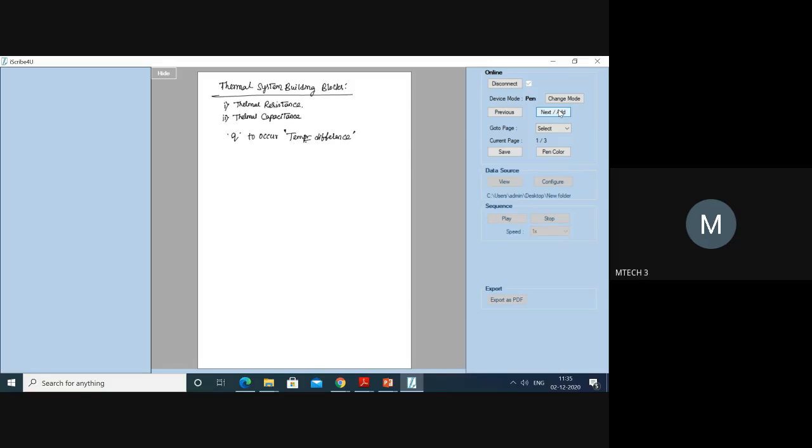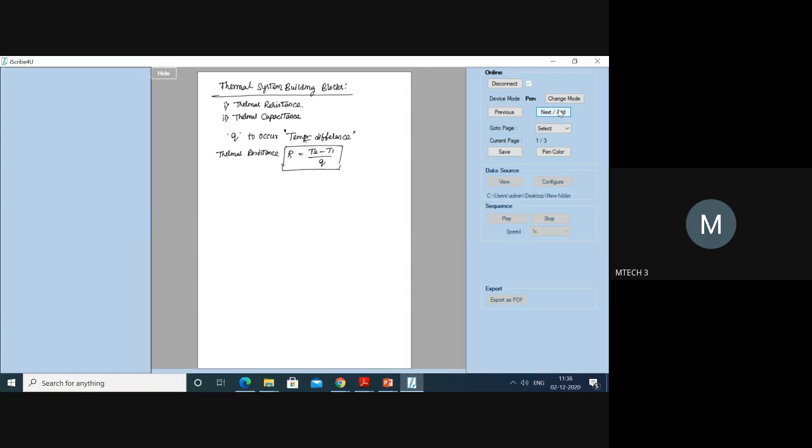If Q is the heat flow rate, and T2 minus T1 is the temperature difference, then thermal resistance R will be equal to T2 minus T1 divided by Q.